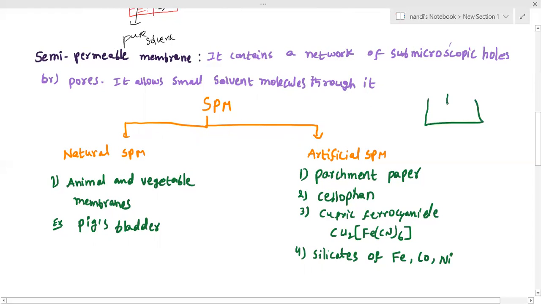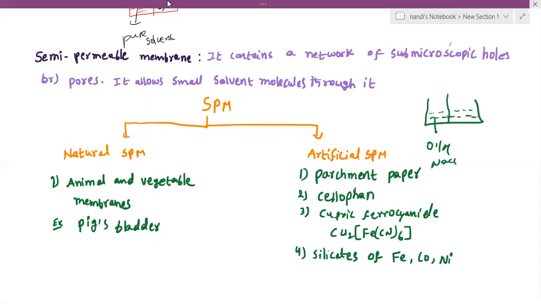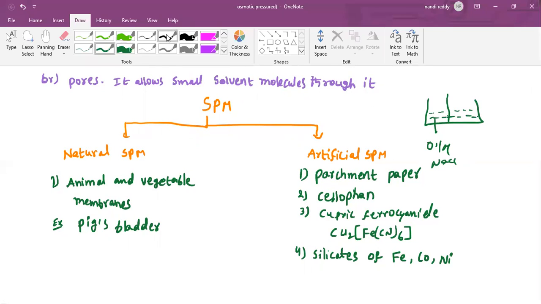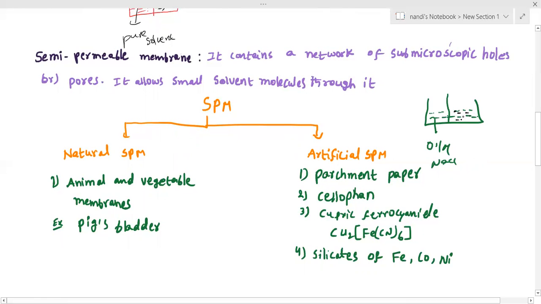We keep the semi-permeable membrane between solutions, and two different solutions can also be separated. This may be 0.1 m NaCl and this 0.4 m NaCl. So here solvent can move in which direction, sir? Assume this is compartment 1, this is 2.